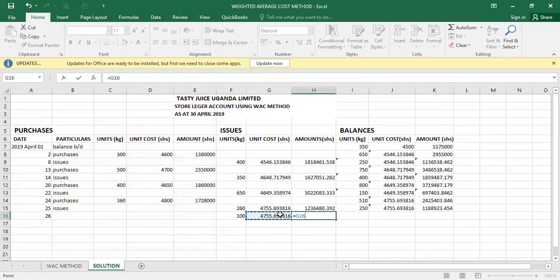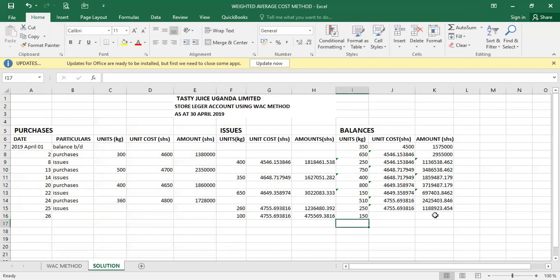Cost times this, multiplied by this, will give us that. And these units are going to be reducing too. It will be the cost of this minus the number of units we are issuing out, and the total cost minus the total cost of the issues.